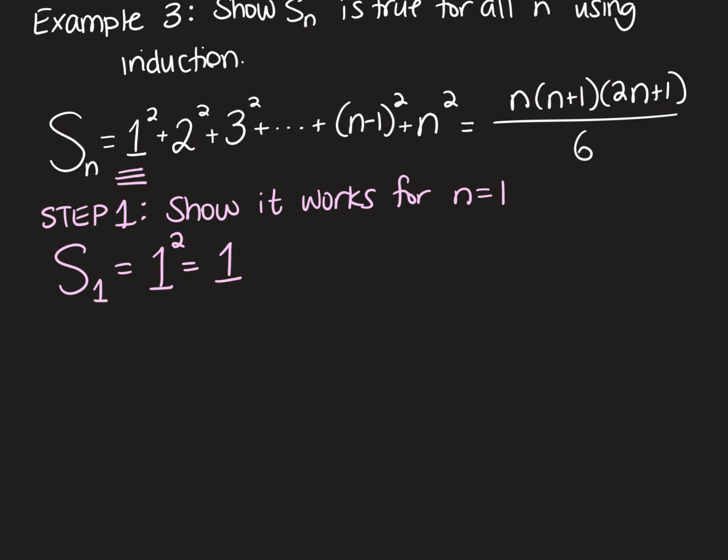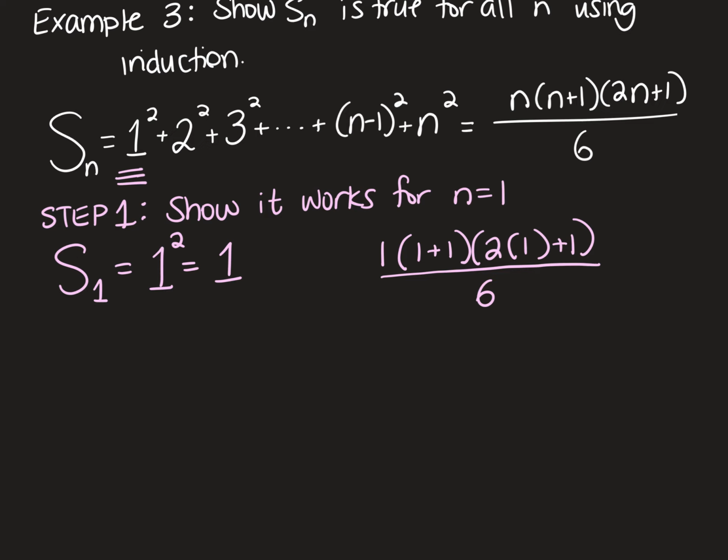All right, so I'm going to plug in 1 into that big expression. So I'm going to have 1 times 1 plus 1 times 2 times 1 plus 1, all divided by 6. All right, so again, all I'm doing is plugging in 1 for n up here.